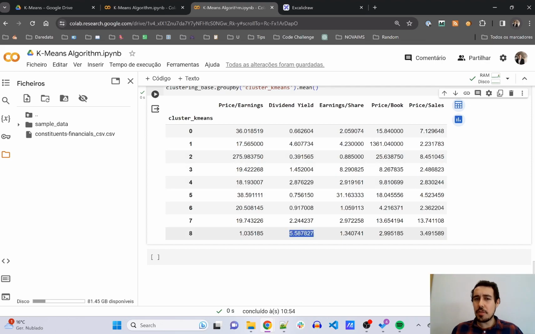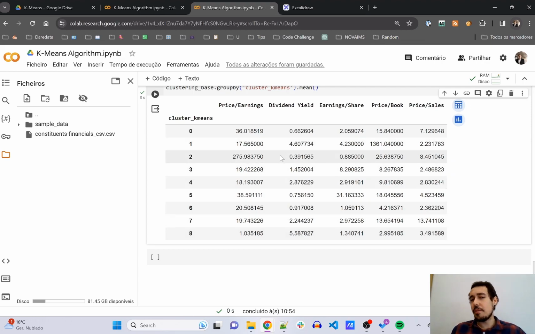Let's see other interesting things. So we have here a group of companies that have a very, very high dividend yield. This is normally characteristic of utility companies, real estate companies, companies that are in a more traditional space. They don't grow that much, so what they do is that they distribute a lot of money to the shareholders via dividend.